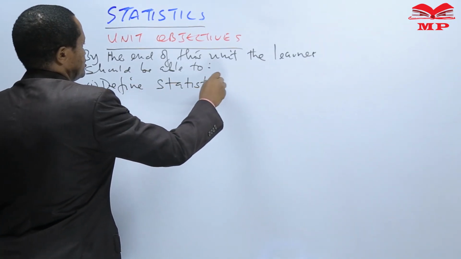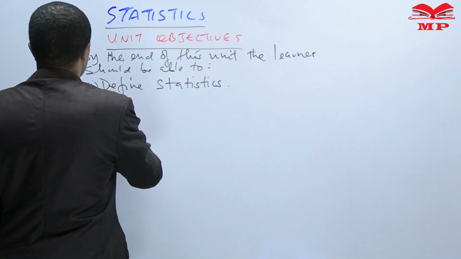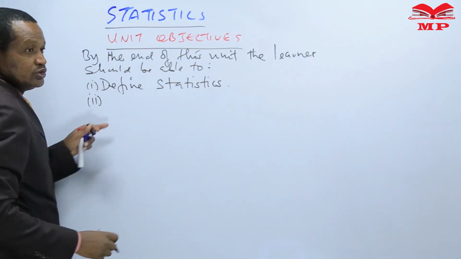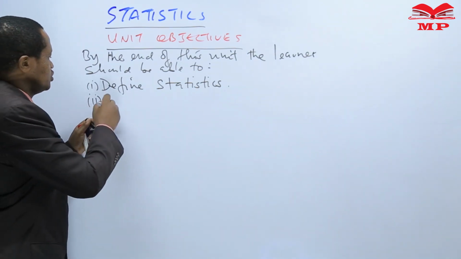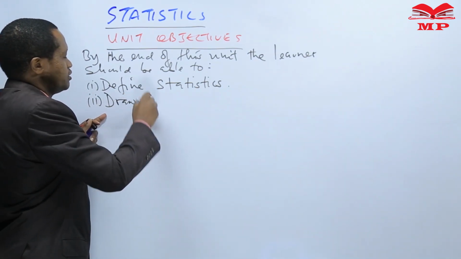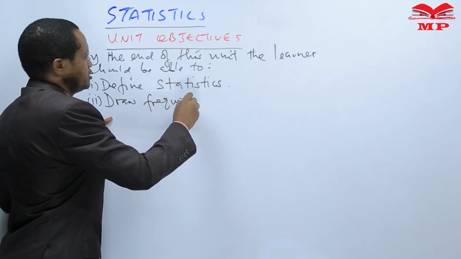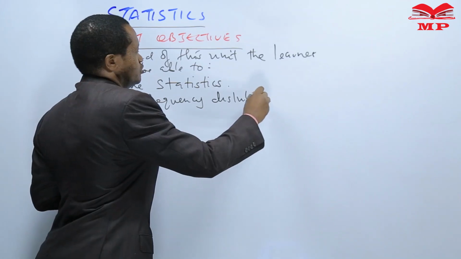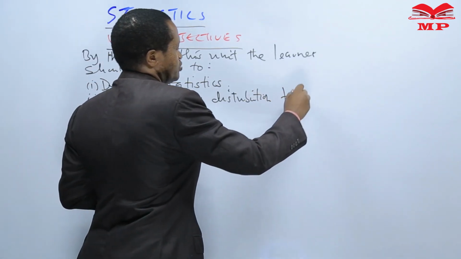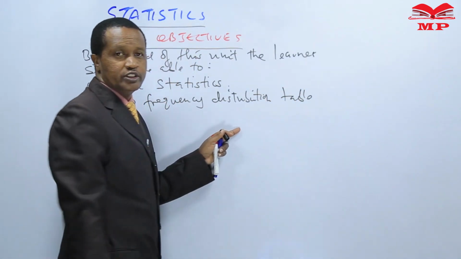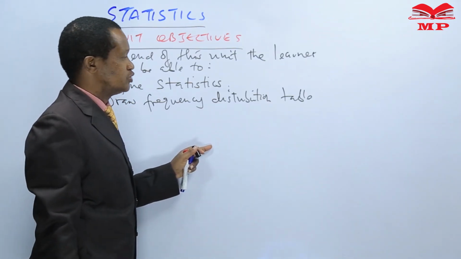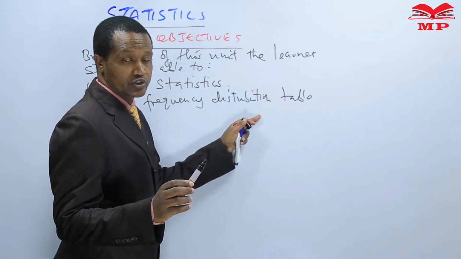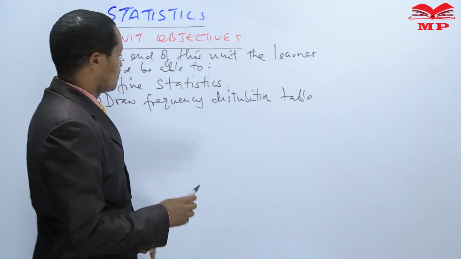Then number two, you should be able to draw a frequency distribution table, and we'll be learning how to draw frequency distribution tables for ungrouped data and also grouped data.